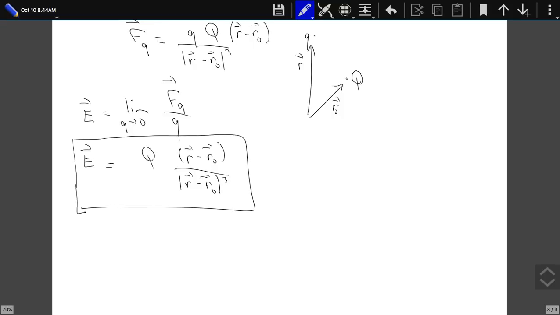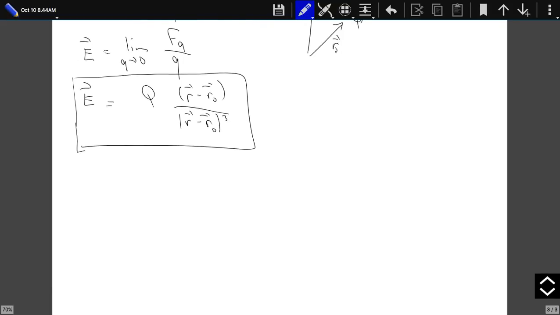Of course, in general, we don't have a single charge. We have many charges distributed around. So let's say we have all these charges, let's call them Qi at the point Ri.